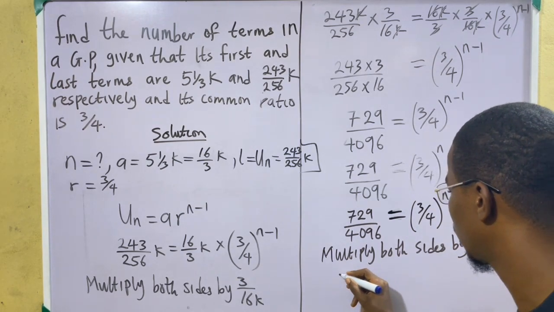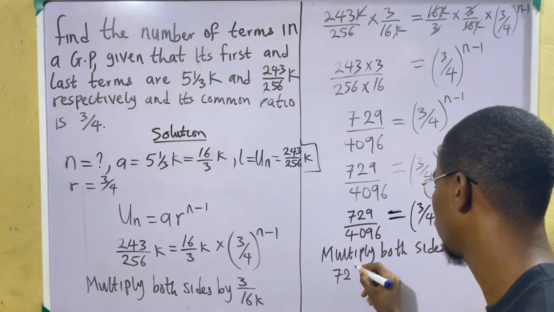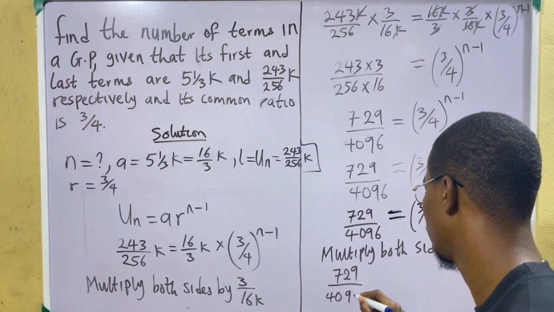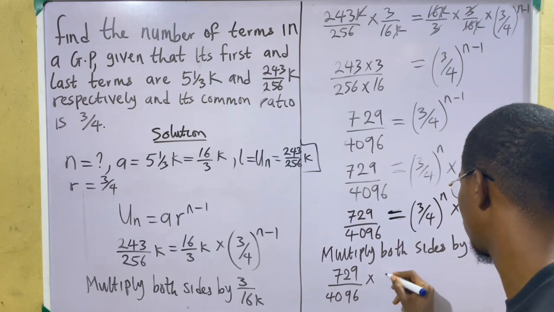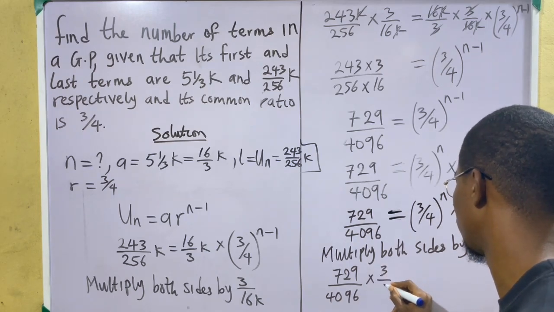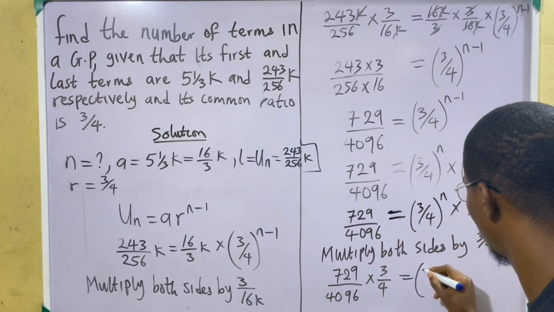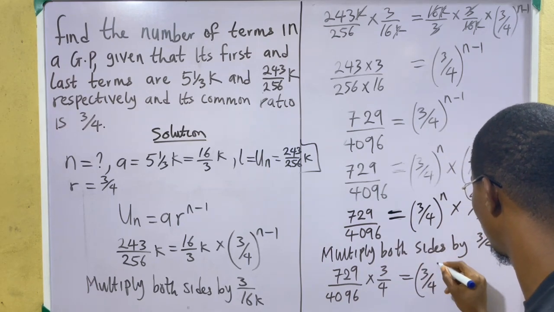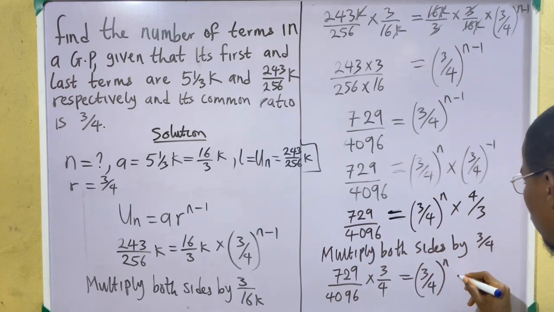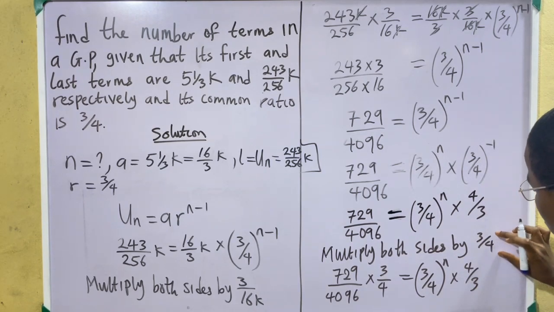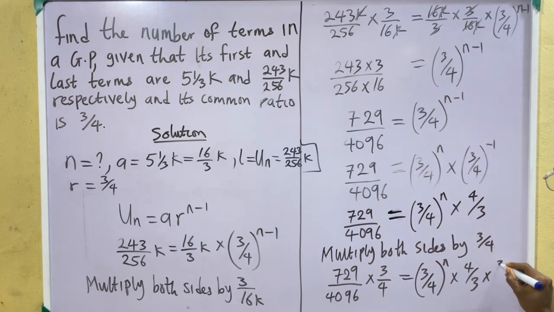And then we have here 729 over 4096 times 3 over 4 equal to, we see our 3 over 4 raised to power n times 4 over 3, multiplied by this 3 over 4.